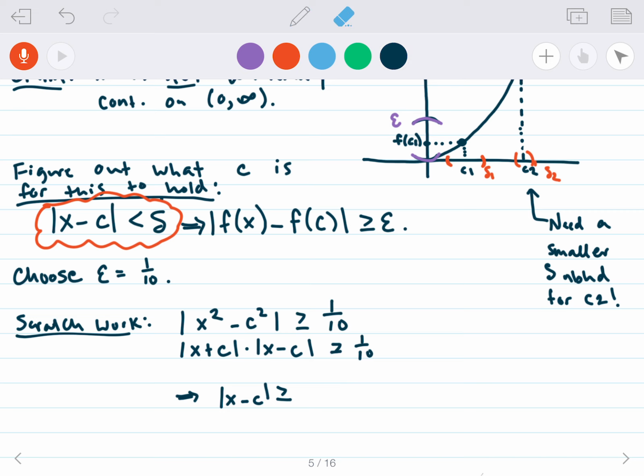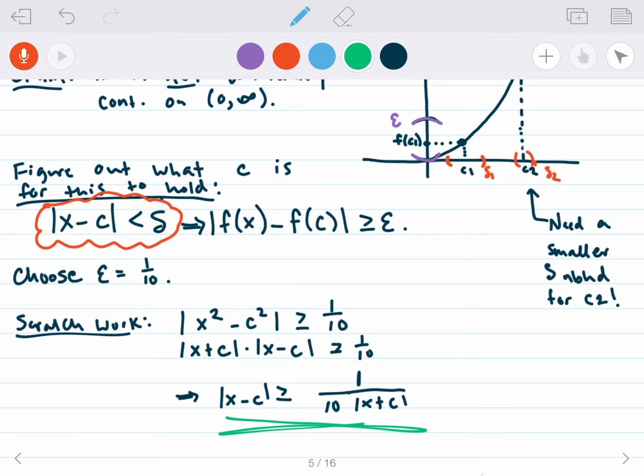Let's write that a little bit neater. And I'm not choosing a delta here. I'm assuming that that delta is given, and I'm going to show by contradiction that this function can't possibly be uniformly continuous on 0 to infinity.